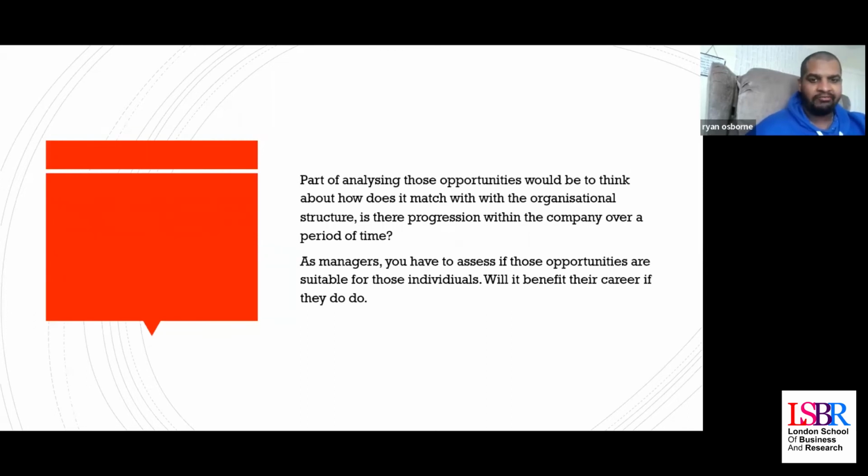Do you see yourself here in 5 years' time? Because when you're going to recruit people, you want to have people who are going to fit within the structure of the organization. And then also, as part of analyzing your opportunity, you've got to think about, is there progression within the company in a period of time?